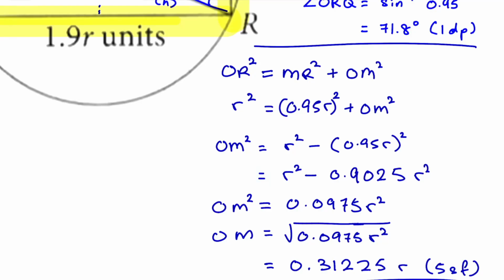OM is the given line, so down here should be MR, and this should be MR as well. This is MR, and this is MR.